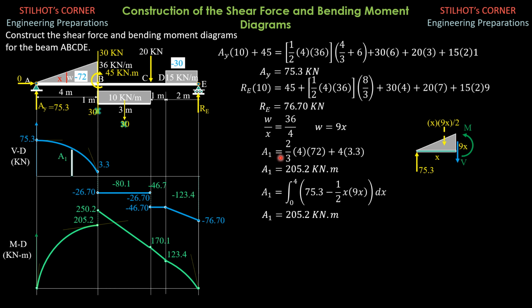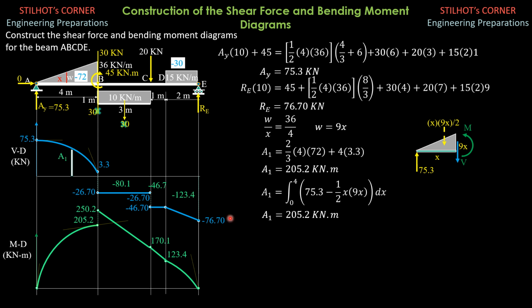So by integration of area 1, we have the strip in the shear diagram. The area of the strip is the shear, which is the quantity 75.3 minus 1/2 x 9x, and the thickness is dx. Integrating from 0 to 4 represents the entire area 1. So using your calculator, it will give you the same value of 205.2 kilonewton meter.